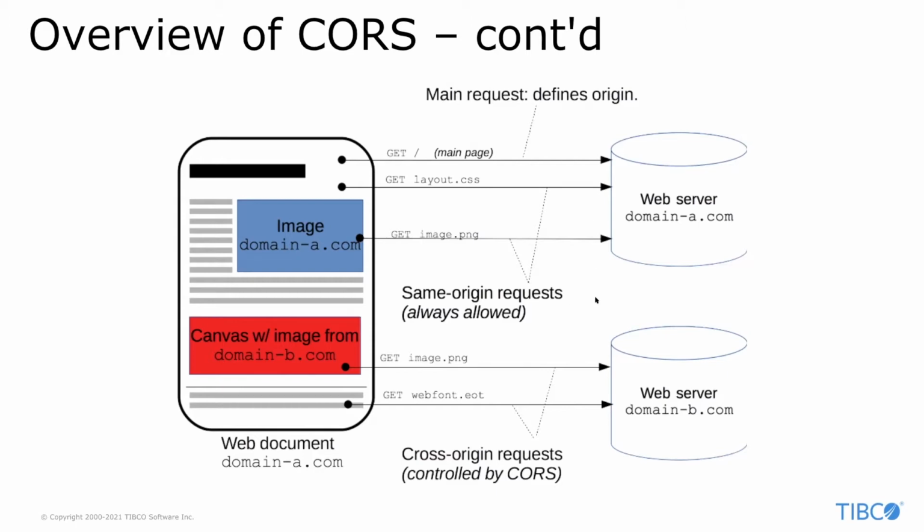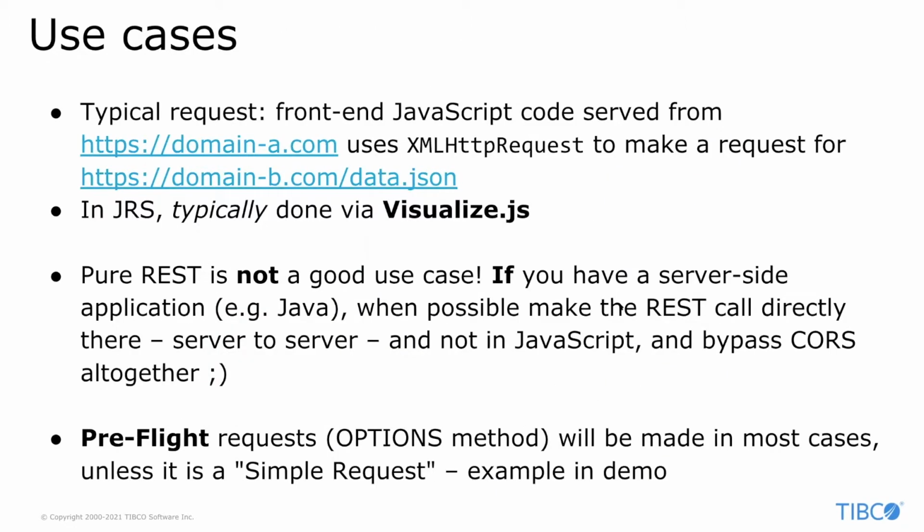So now in terms of use cases, as we said, typical request like we saw before, you have some front-end JavaScript code that is served by domain, and then you make, typically, an XML HTTP request, or more recently, you would use maybe the fetch method in JavaScript, and then you make a request for some data or some resource from another domain.